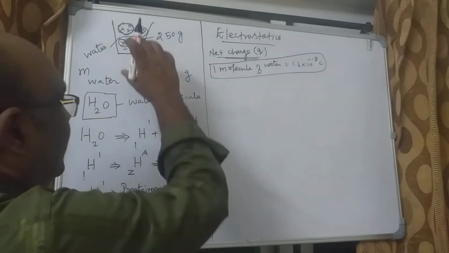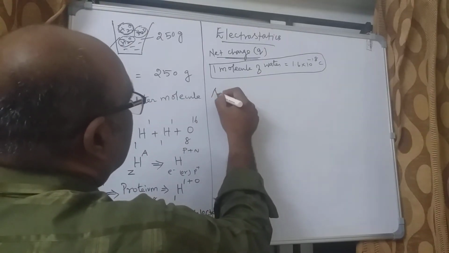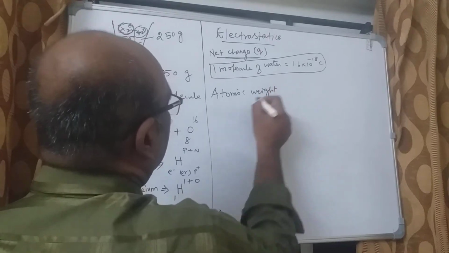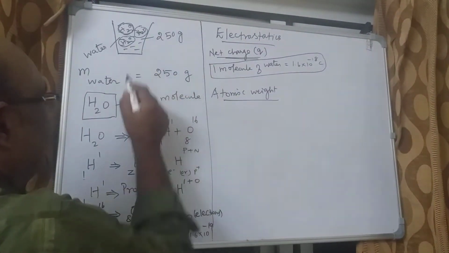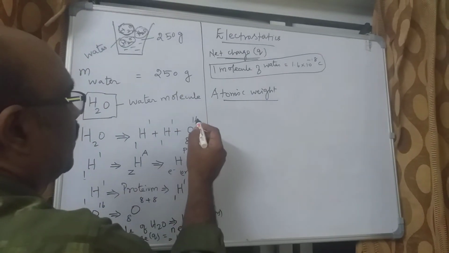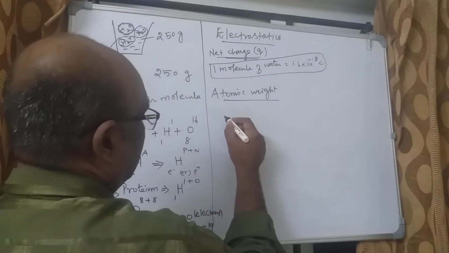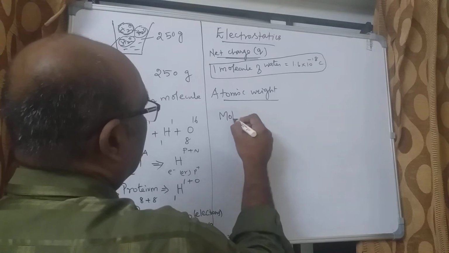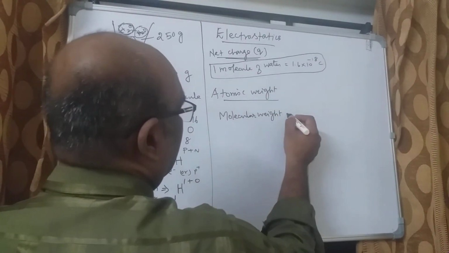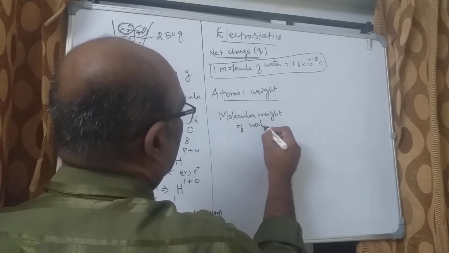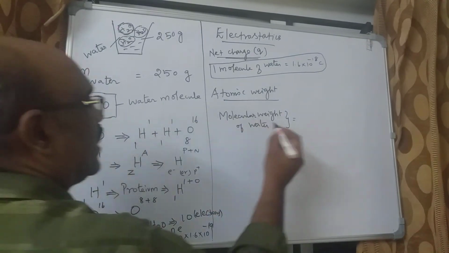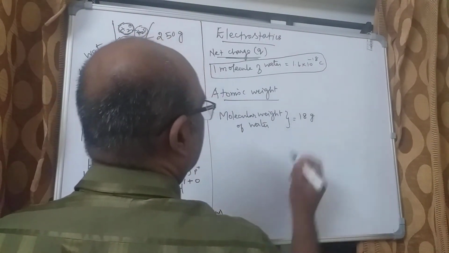Okay. Now, let us come to the atomic weight. What is the atomic weight, or rather the molecular weight, of this water molecule? Molecular weight of water is equal to 16 plus 1 plus 1, it is 18 gram.